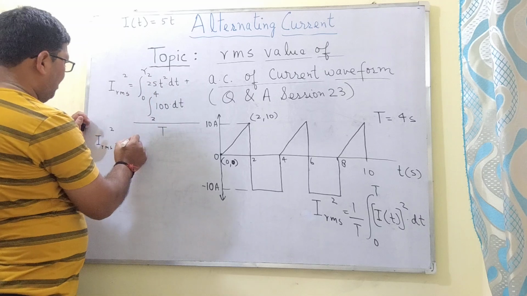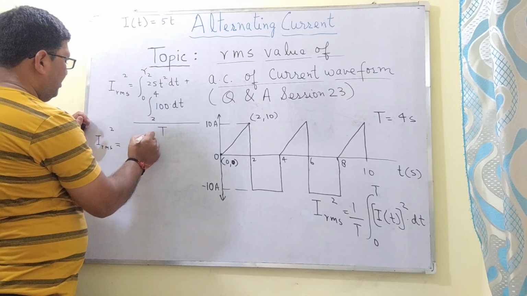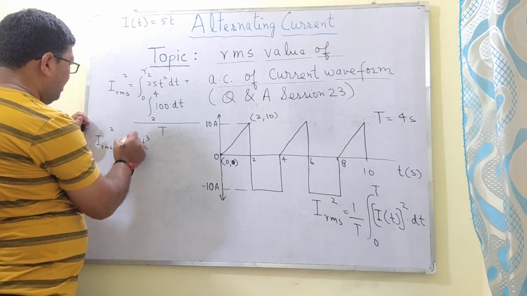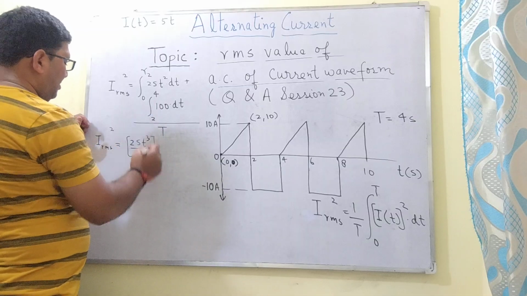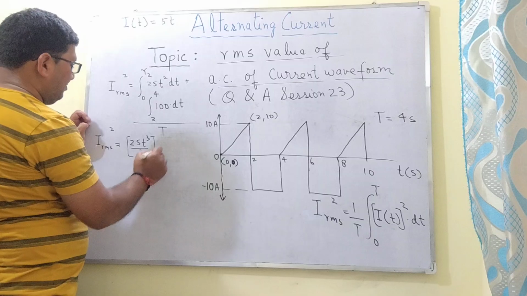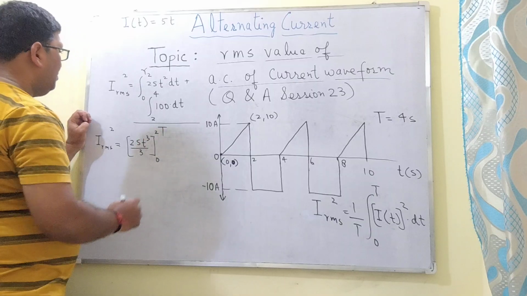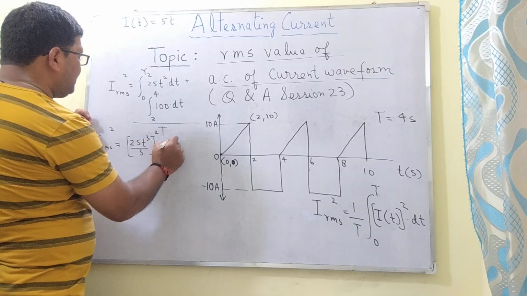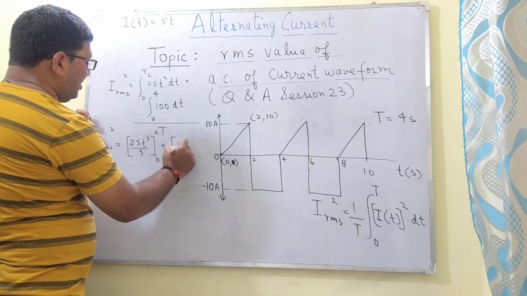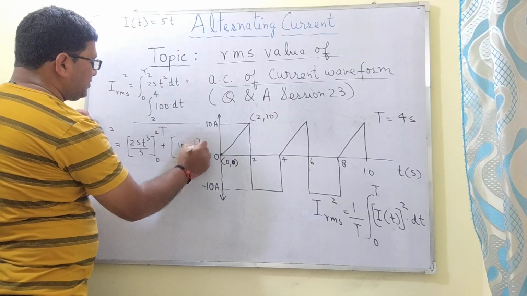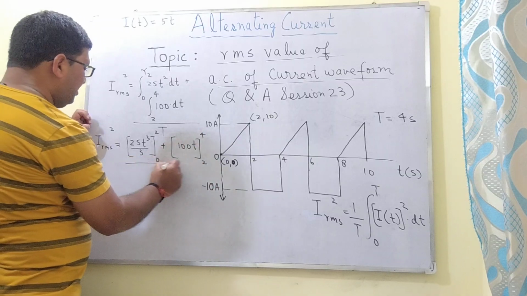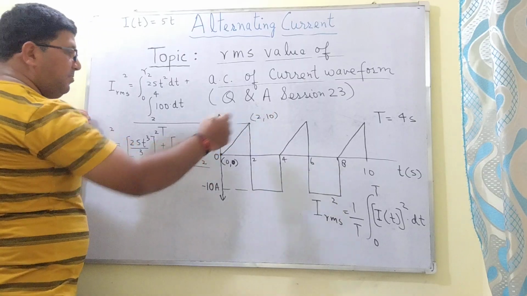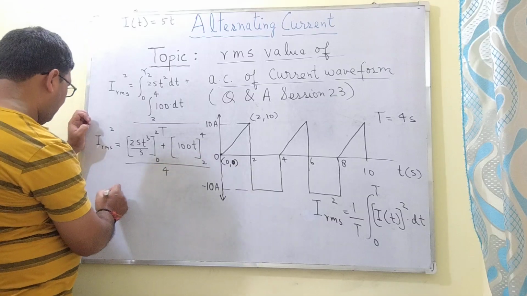The integration of this will be equal to 25 t cube by 3, and its value can be found within the limits of 0 and 2, plus this will be equal to 100t within the limits of 2 and 4, divided by the time period. The time period is equal to 4 seconds.